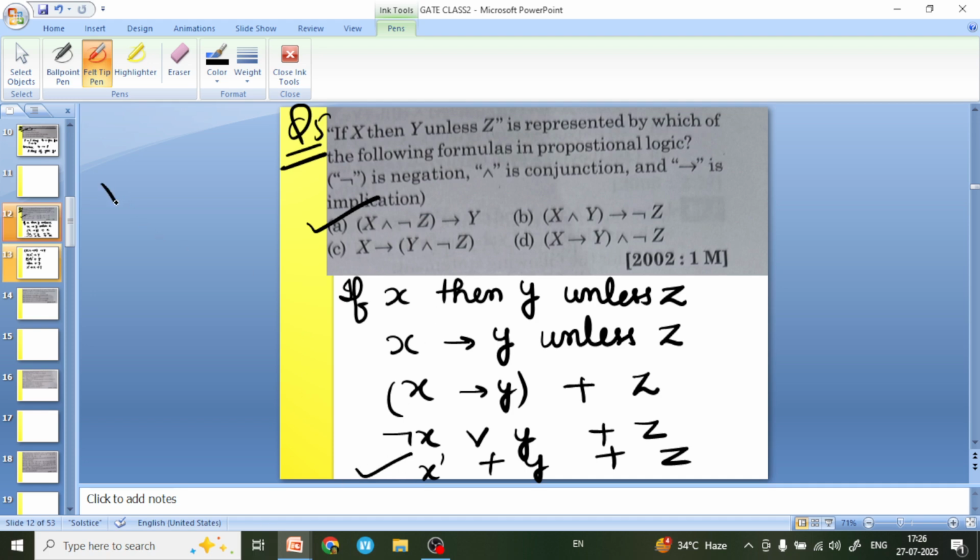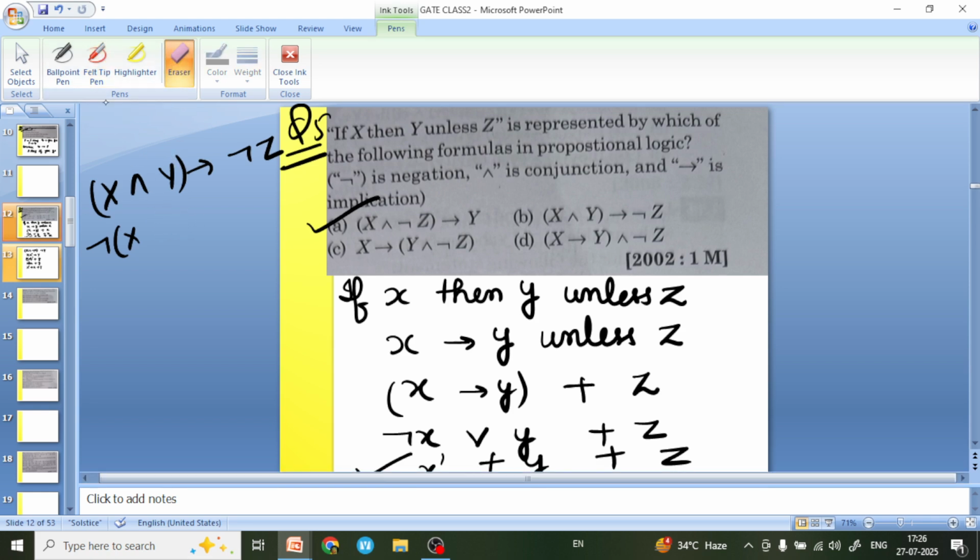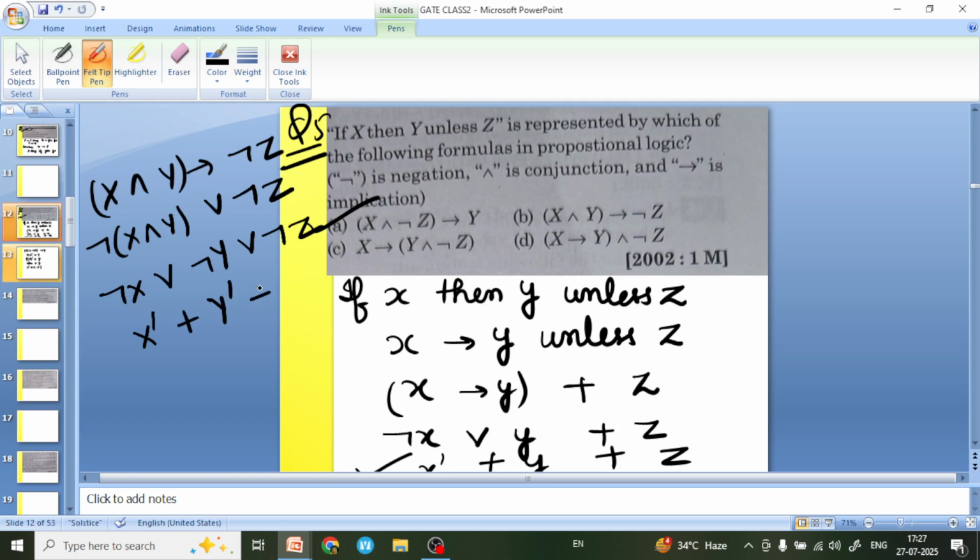You can also solve this: X and Y and not Z, not X or not Y or not Z. You can see here all are negations, so that's why it is not correct.